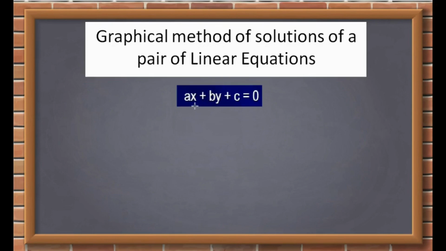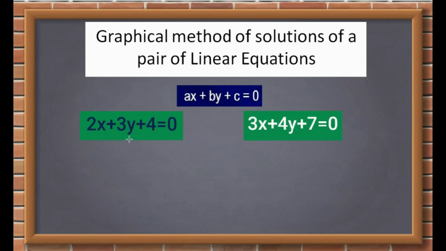Graphical method of solution of pair of linear equations. We know the standard form of a linear equation: ax plus by plus c is equal to 0. I am taking the pair of linear equations 2x plus 3y plus 4 is equal to 0 and 3x plus 4y plus 7 is equal to 0. I have a question for you all, students. What is a in the pair of linear equations? You might be wondering whether I have to take 2 or 3. a is the coefficient of x.